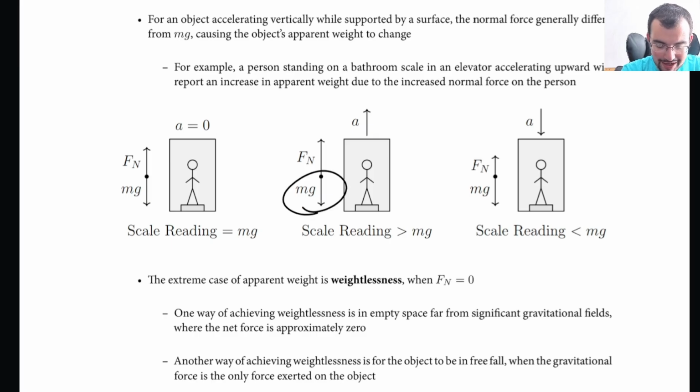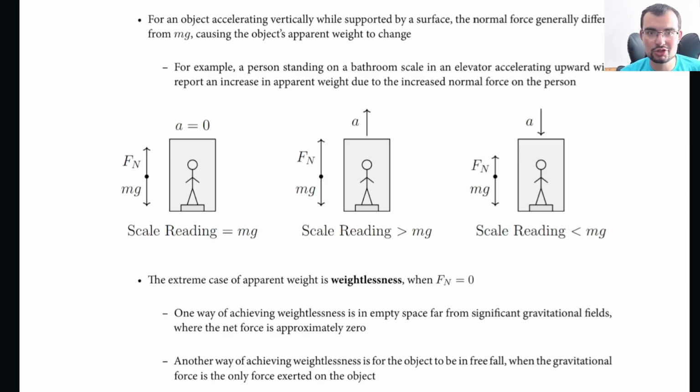And since my weight can't change because I'm still on Earth, normal force changes to account for that. Same thing if I'm accelerating down. If I'm accelerating down, there must be a net force down, so the weight must beat the normal force. So you'll see that you feel heavier or you gain weight when you're accelerating up, and you feel lighter or lose weight when you're accelerating down.